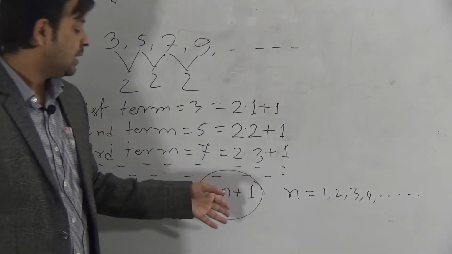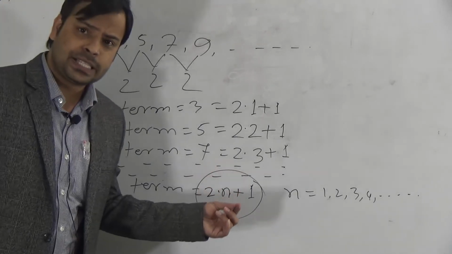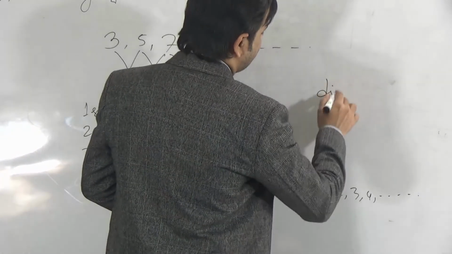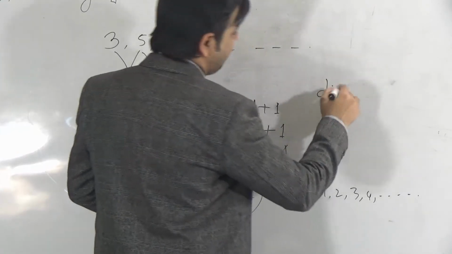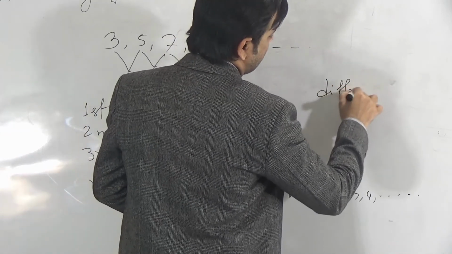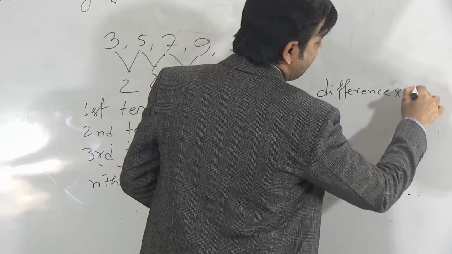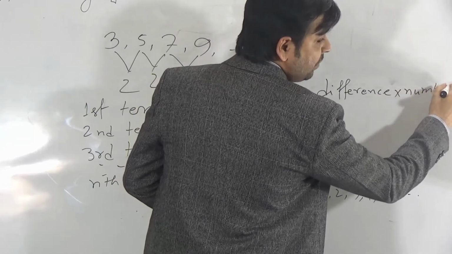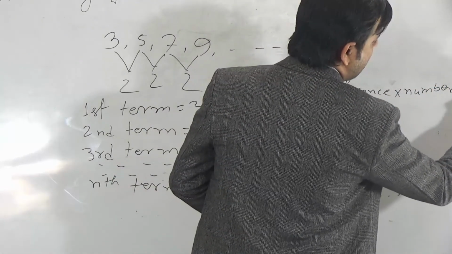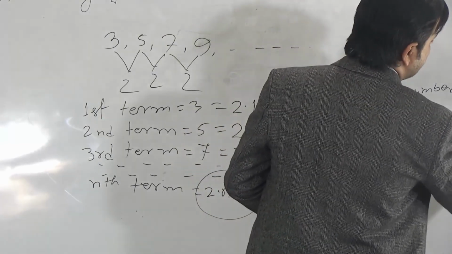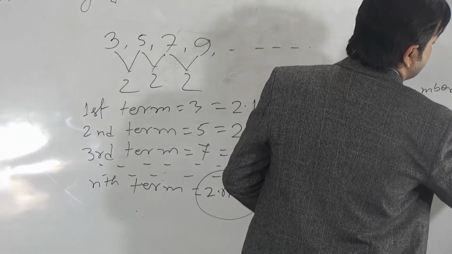What is the technique? To form an algebraic expression, the technique is difference into number of terms, plus minus something. Plus minus something means I have written here x.